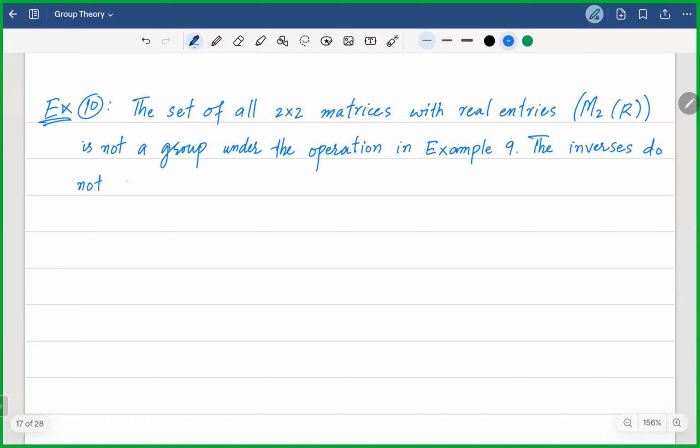So we also consider mod 10 as the operation. The Cayley table would have 1, 3, 7, 9 along the top and 1, 3, 7, 9 along the side, and then we multiply these.